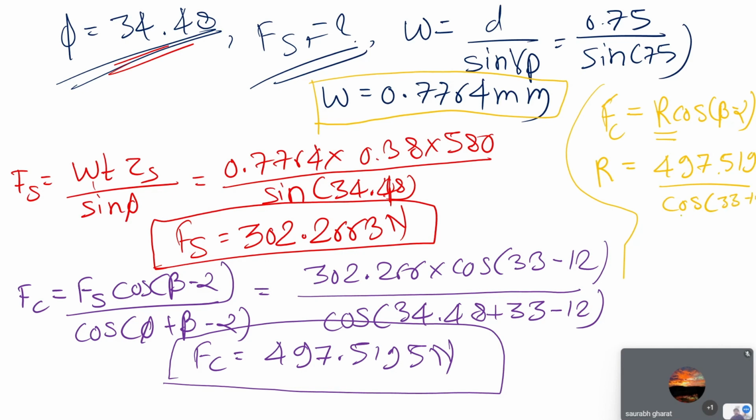Please, we are reaching just the end. Cos of what is your beta, 33 minus 12.